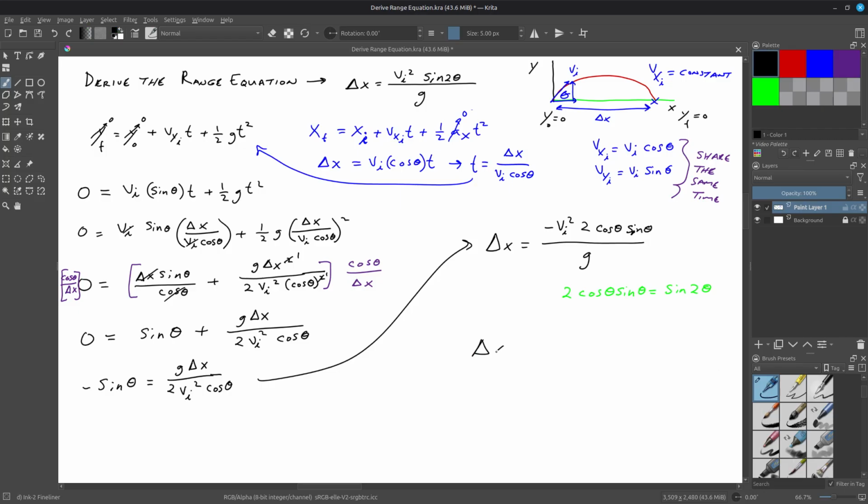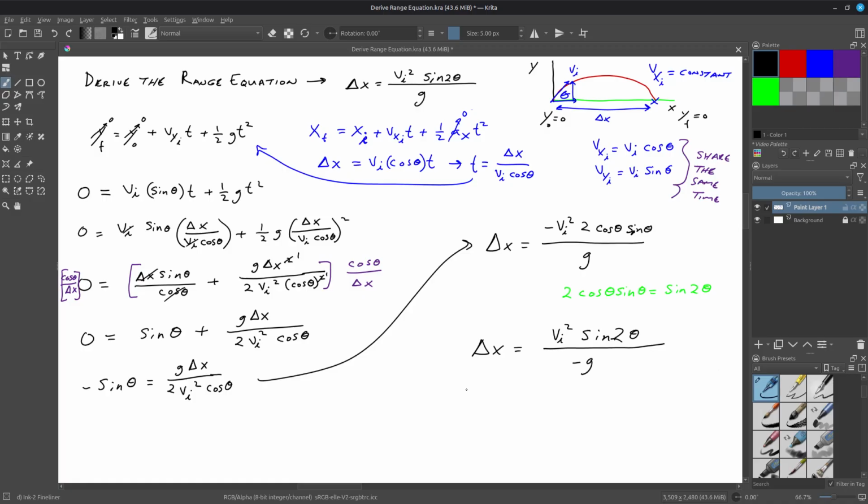So delta x is going to be equal to, and I'm going to bring the negative down to the bottom, v initial squared sine 2 theta over negative g. Wait a minute, that doesn't look like the range equation. How the heck did that happen?